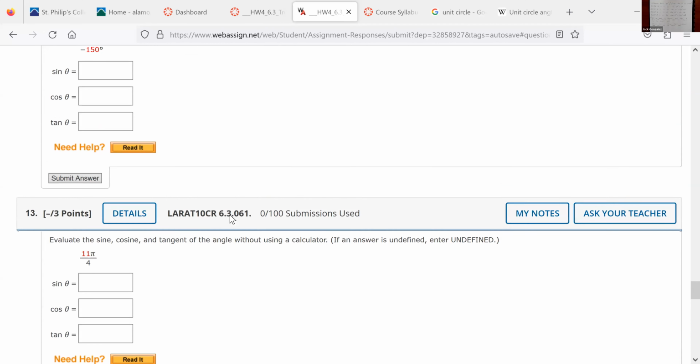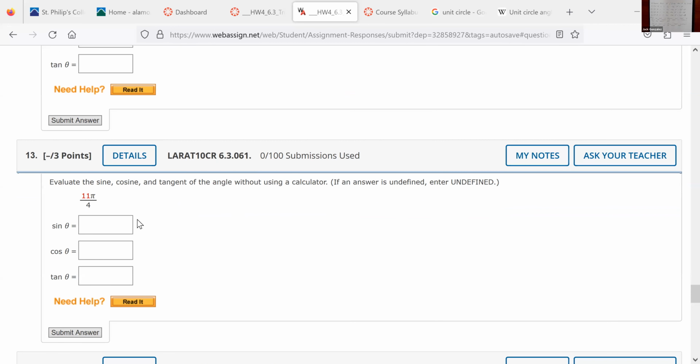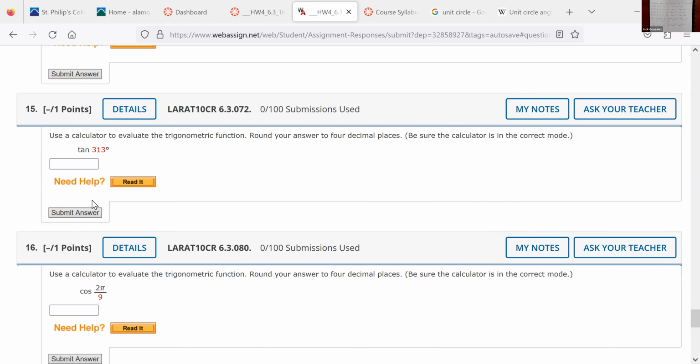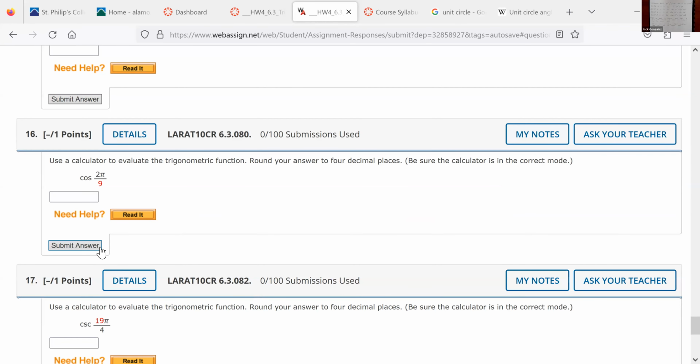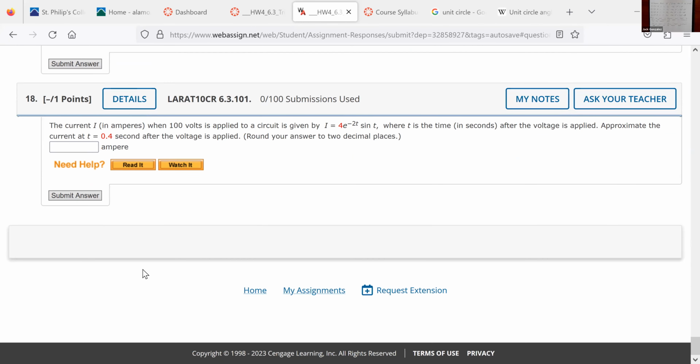Any questions on what you would do for 12 and 13? Just add 360, subtract 2 pi. Here you just plug it into your calculator. There's nothing to do for 14 and 15 and 16. Actually, all the way to 17, there's nothing to do here. 18, I'm going to delete, so don't worry about this one.